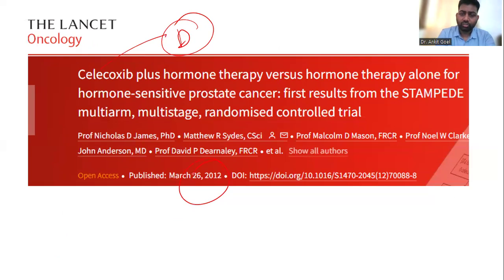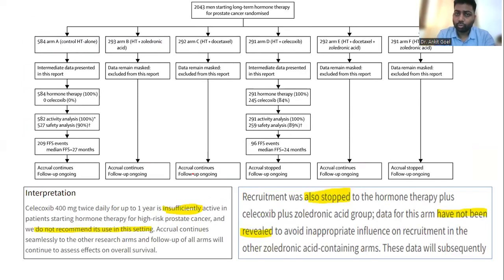What did it say? The result published was insufficient. They said that celecoxib is insufficiently active in prostate cancer, and it was not recommended after that.